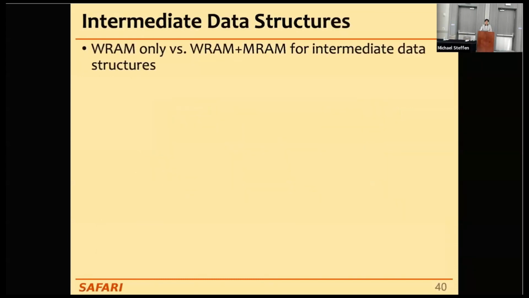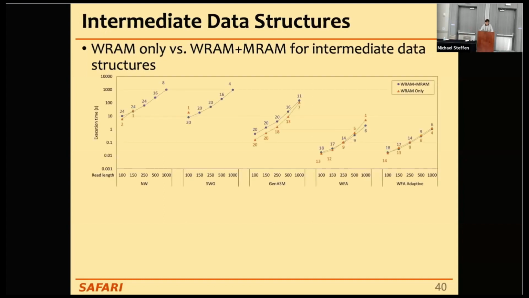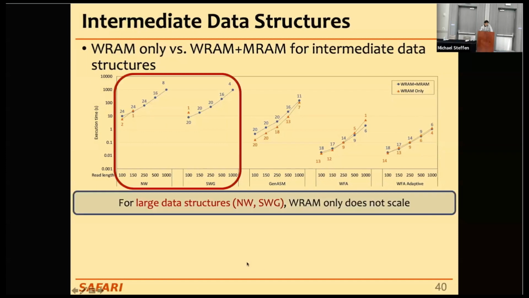Finally, with respect to intermediate data structures, remember that we are using two different approaches. One uses WRAM only, the other one uses WRAM and MRAM. Here you can see some results for the different algorithms, execution time with different read lengths between 100 and 1000 base pairs. There are some interesting observations here. First of all, for algorithms that need large data structures, WRAM only does not scale, because the dynamic programming table is pretty large.